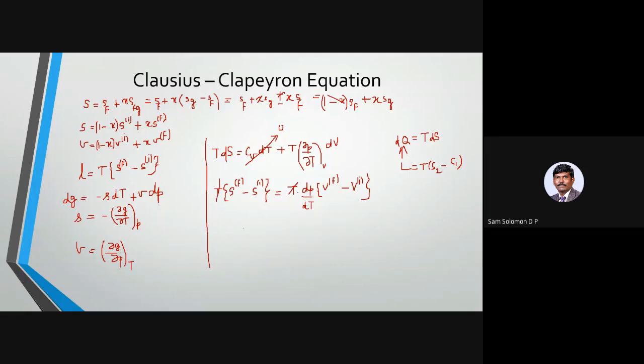So what is left is dP by dT. This dP by dT can be written as (sf minus si) whole divided by (vf minus vi).